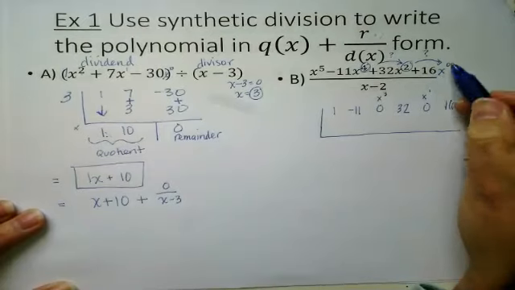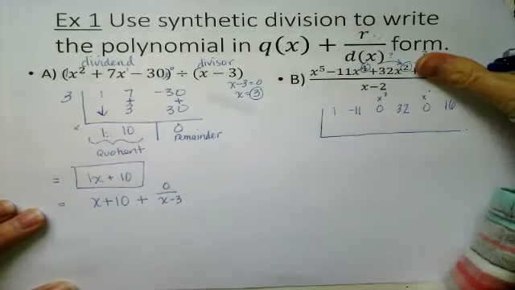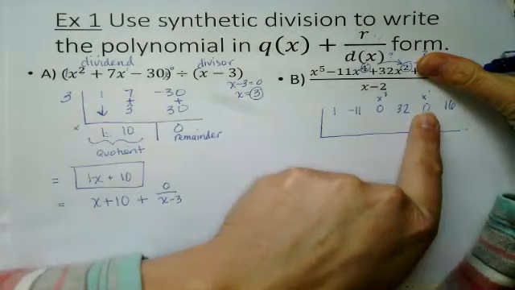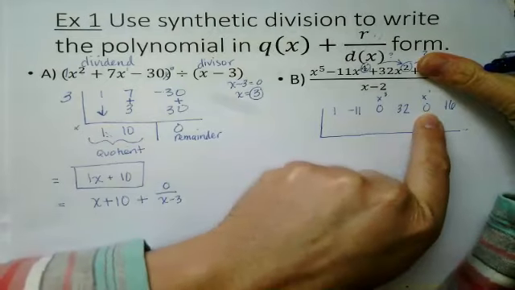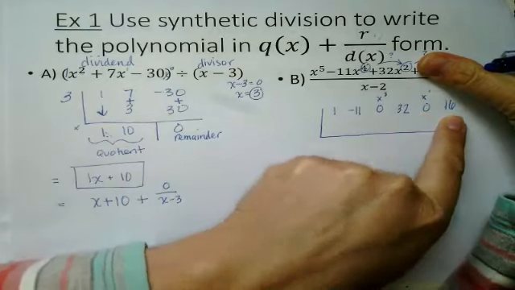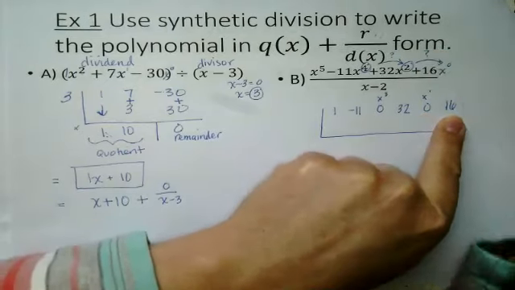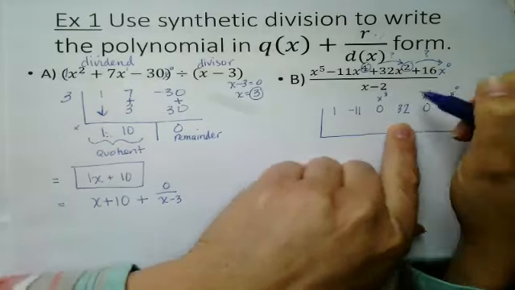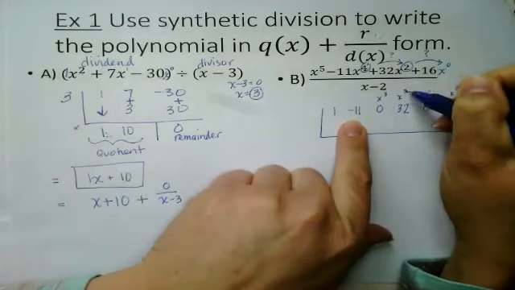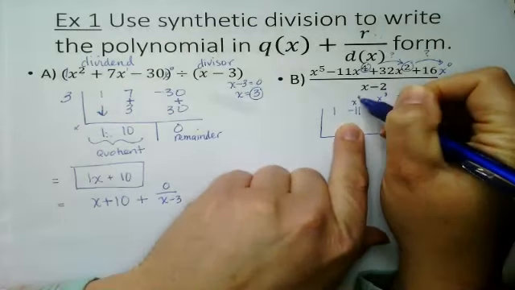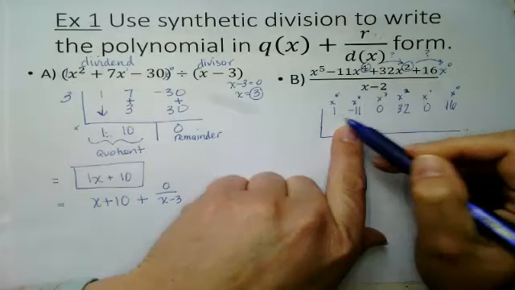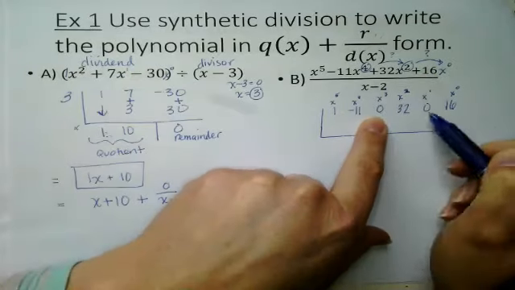And it does need to go all the way down to 0. If it stopped at 32x squared, then you would have to have plus 0x to the first plus 0x to the 0. So you should really have all of those powers counting down, filling in all the gaps with zeros.